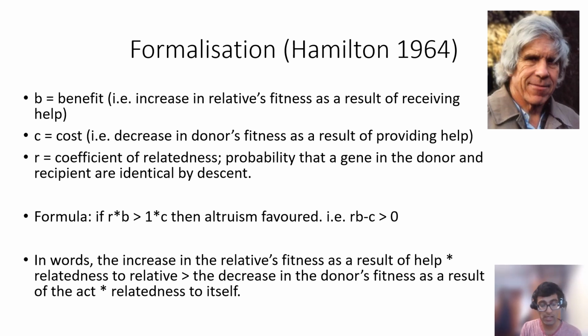And so essentially this rearranges very simply as RB minus C must be greater than 0 for altruism to be favoured. And if it helps to put this in words, the increase in the relative's fitness as a result of help multiplied by the relatedness to that relative must be greater than the decrease in the donor's fitness as a result of the act multiplied by relatedness to itself, and relatedness to itself is 1.